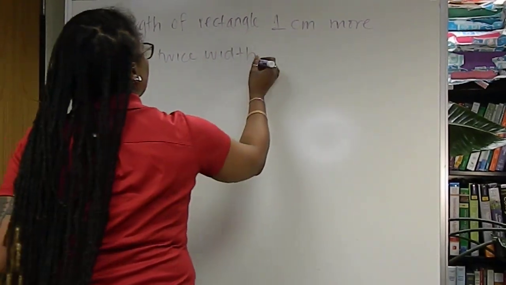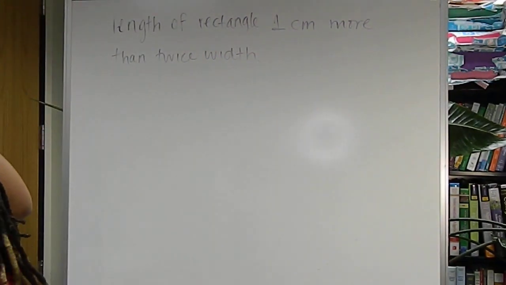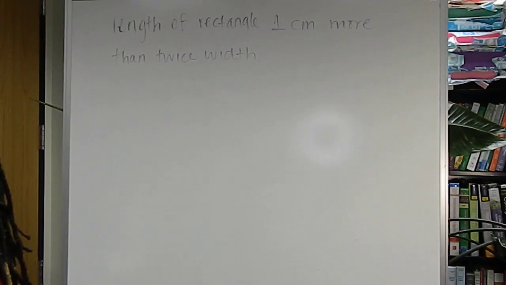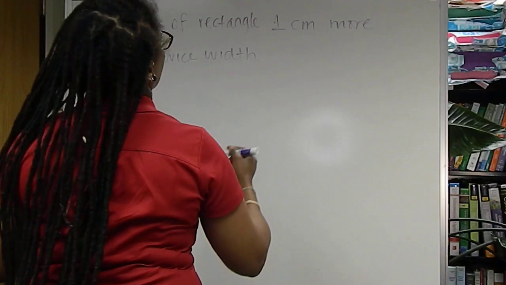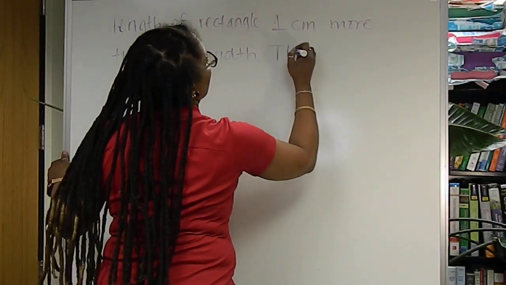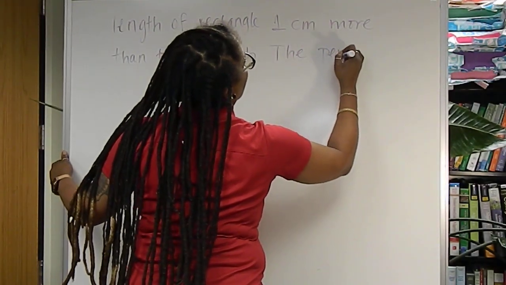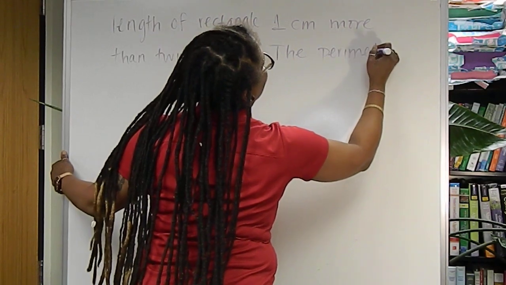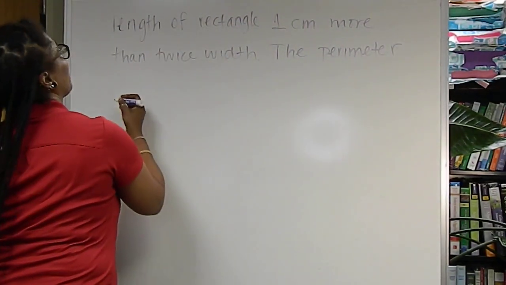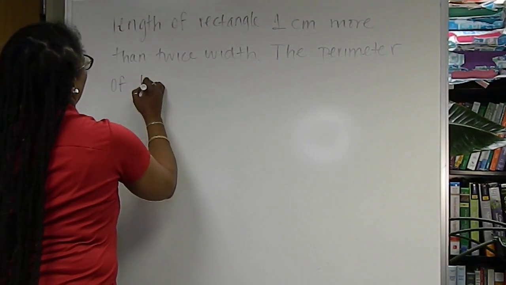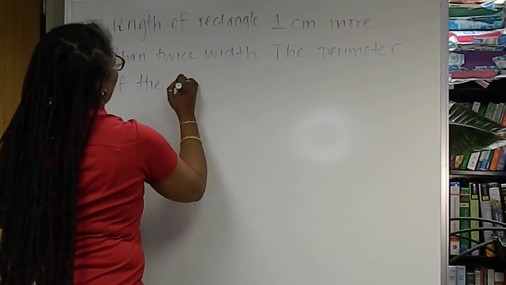And then the perimeter of the rectangle is 110 centimeters.